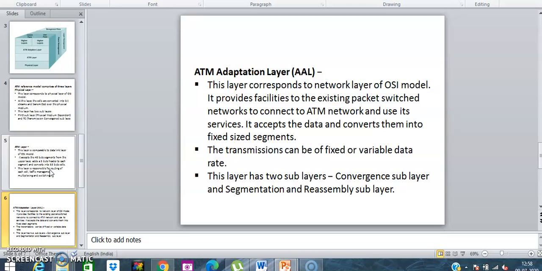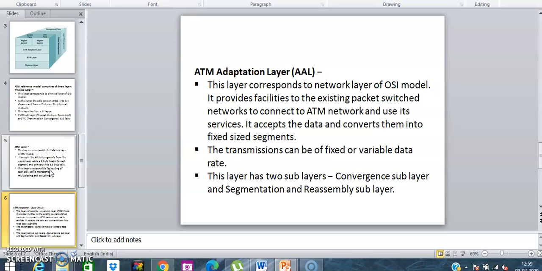It provides facilities to existing packet-switched networks to connect to the ATM network and use its services. It accepts the data and converts it into fixed-size segments. The transmission can be at a fixed or variable data rate. The ATM adaptation layer divides the information into small segments that are capable of being inserted into cells for transport between two end nodes.